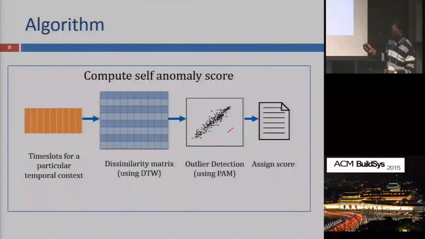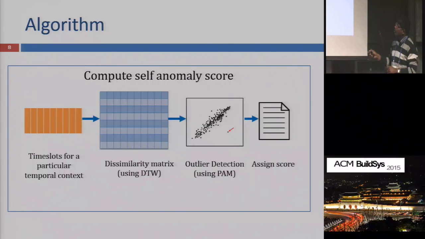So the algorithm flows like this. Given the time slots for a particular temporal context set, first we create a dissimilarity matrix. This dissimilarity matrix is a metric to identify how close these time slots are, to identify the anomaly. For that, we use a DTW, dynamic time warping function, because if there is a time shift in the data, this will take care of that.